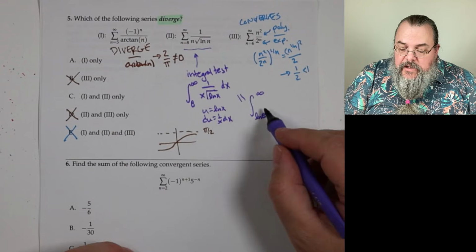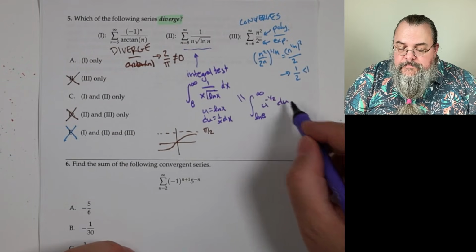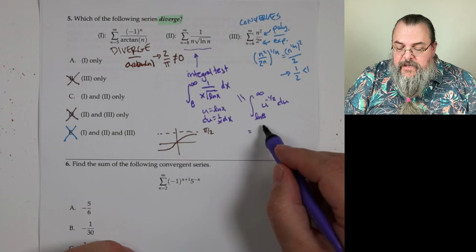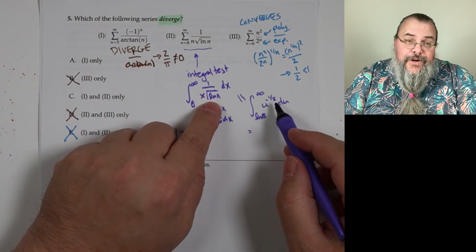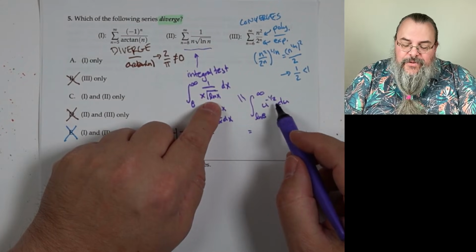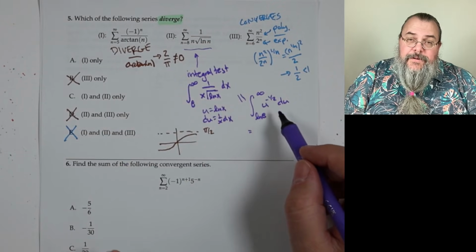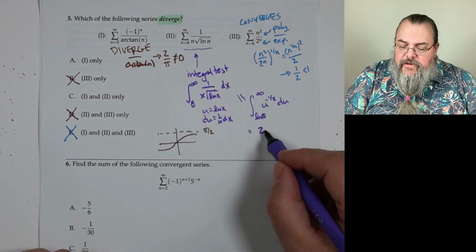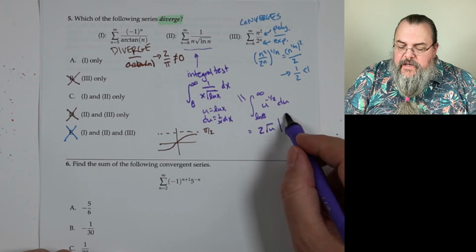Well, you get u to the minus 1/2 du. And this, if you integrate, right? Why minus 1/2? Well, because there's a square root of u downstairs. And square root is a half, downstairs minus. Add 1, you get to the power, that's a half, and multiply it by the reciprocal, so it's 2 square root of u. Evaluate from log 8 to infinity.